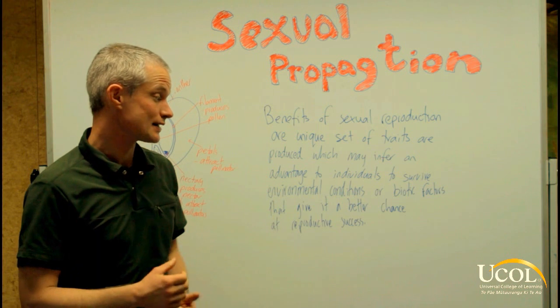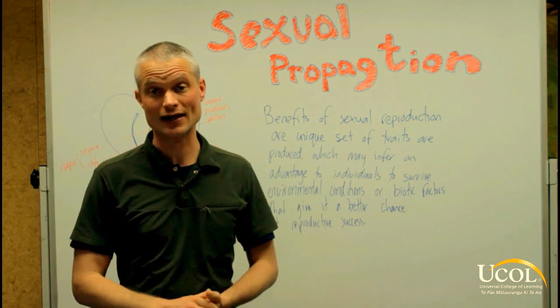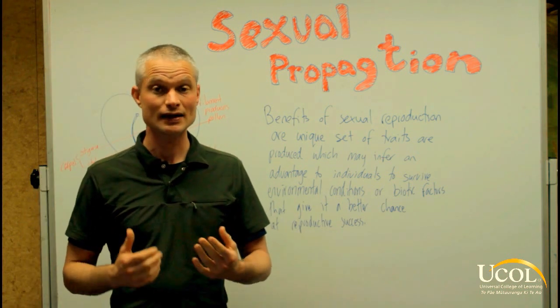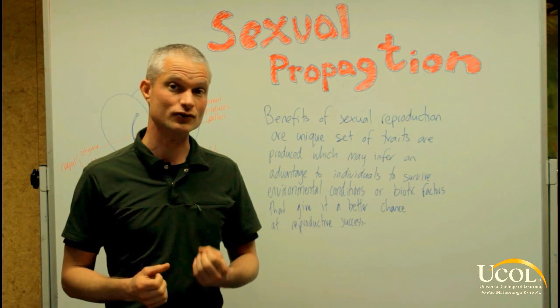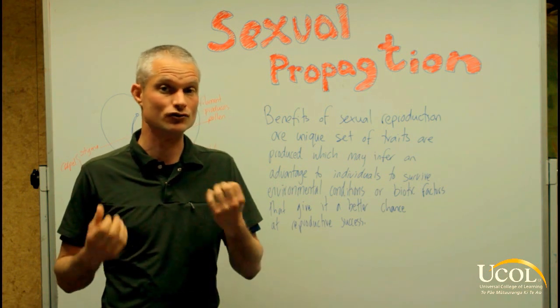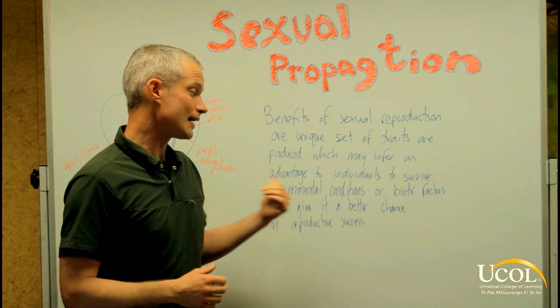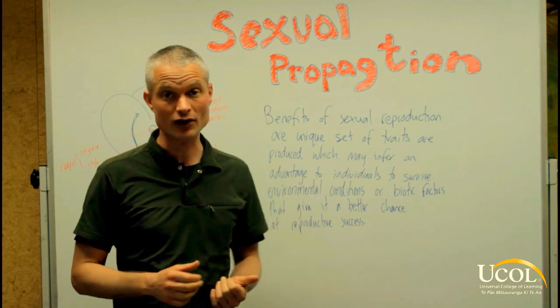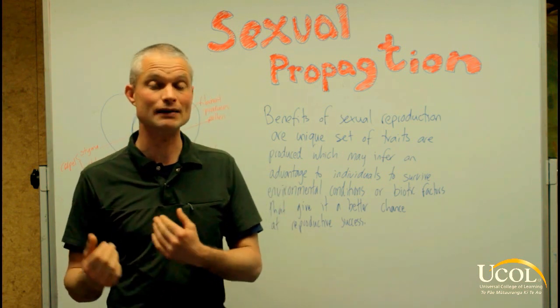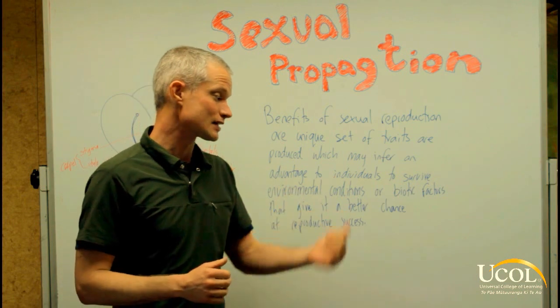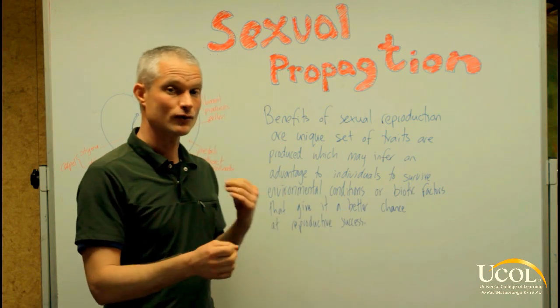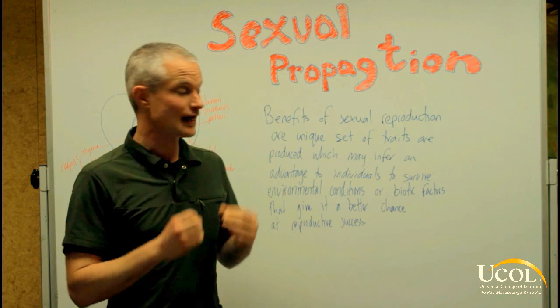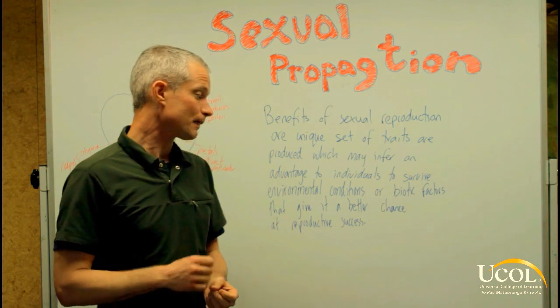And some of those traits may be of advantage to that offspring, so they may have some behavioural characteristic or some physiological or structural ability that will enable it to survive within its environment or compete more effectively with other species that are the same, or avoid predation or capture food more effectively.